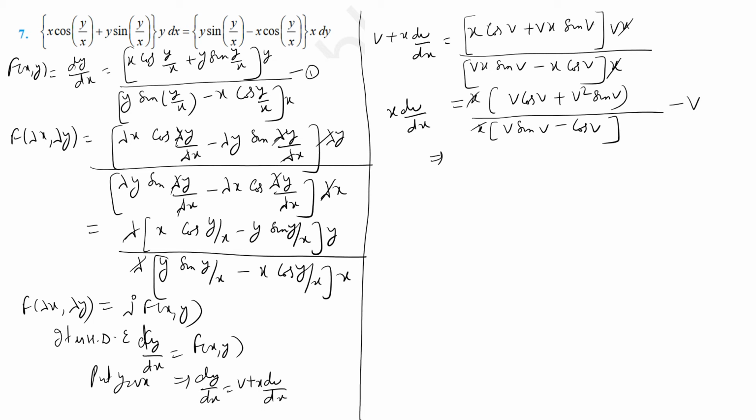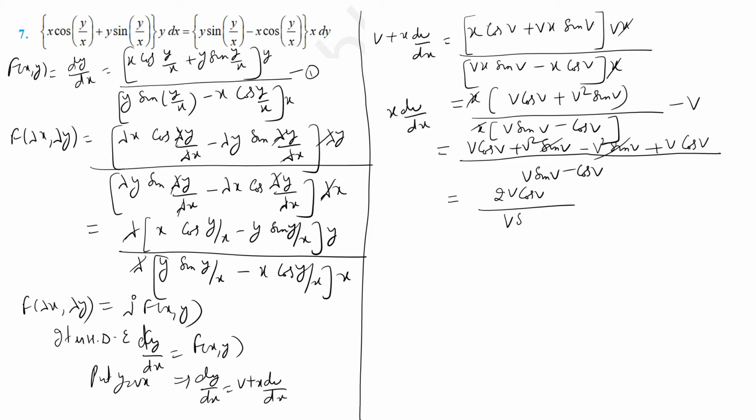So we get v cos v plus v square sin v upon v sin v minus cos v, minus v square sin v plus v cos v. So we get 2v cos v upon v sin v minus cos v. This is x dv by dx.